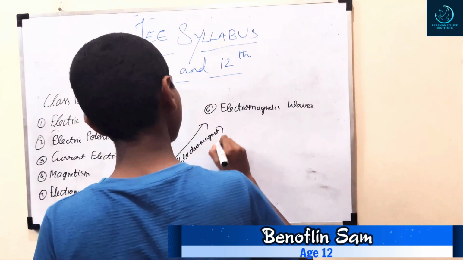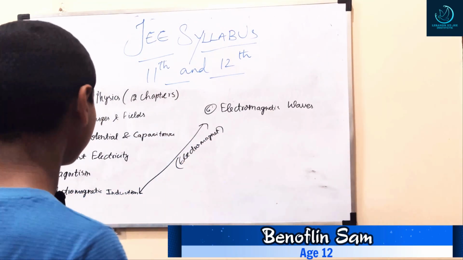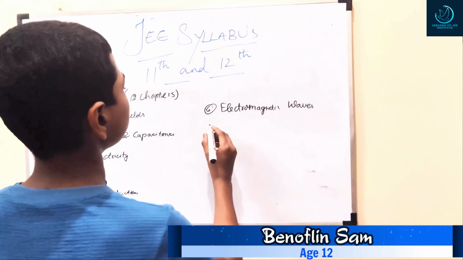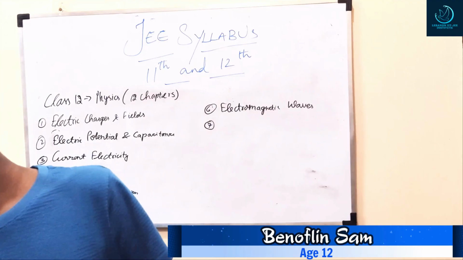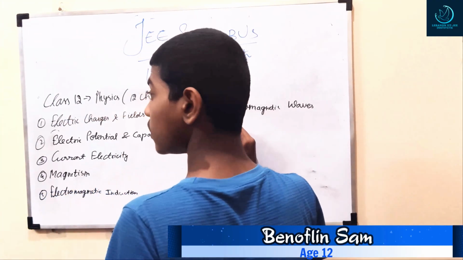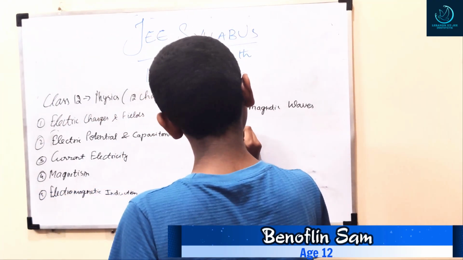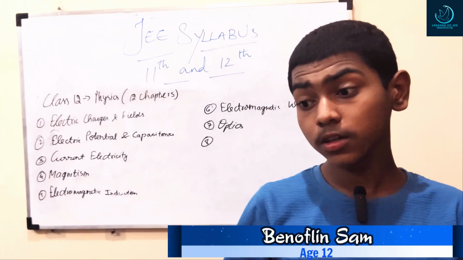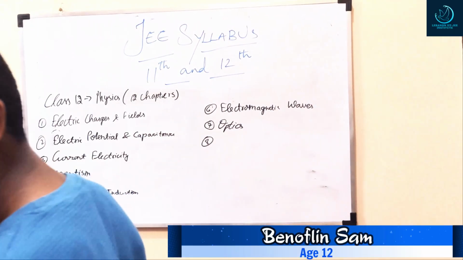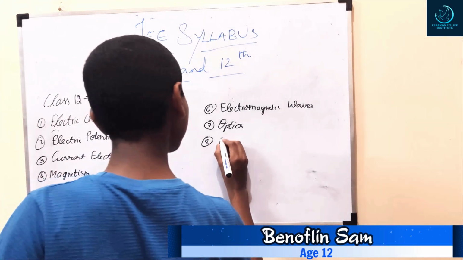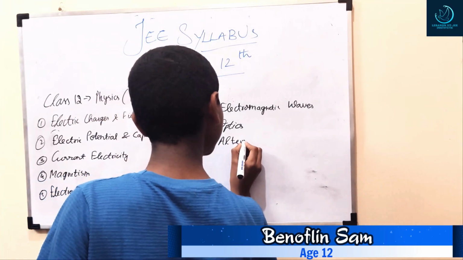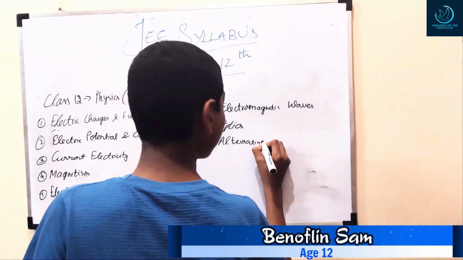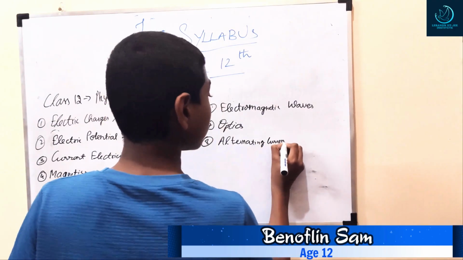Understand? The seventh you're going to see is optics. Optics means light. Eighth one is alternating current.